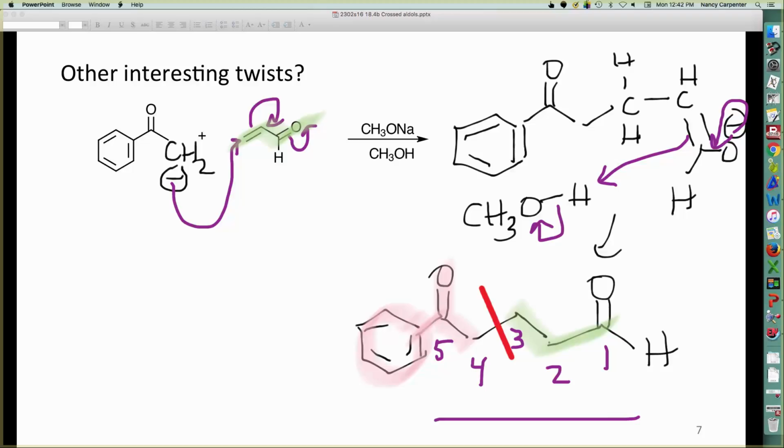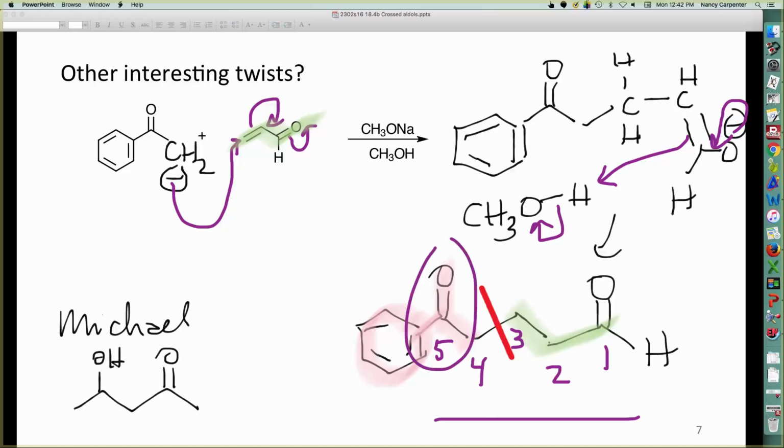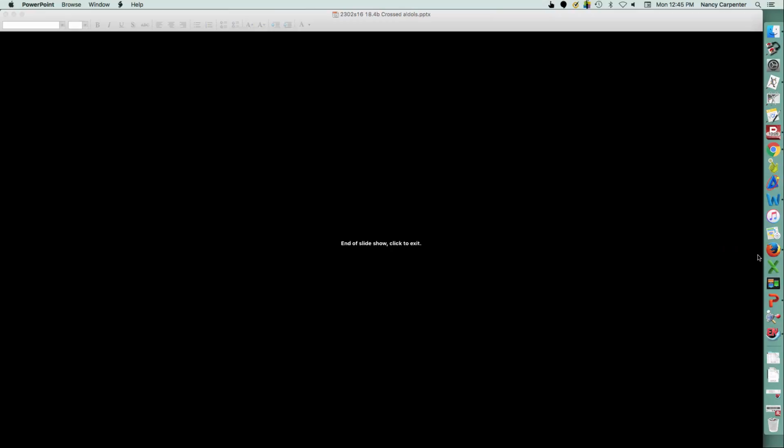And to be perfectly honest with you, a Michael reaction really does legitimately mean addition of an enolate. So aldols give you that bell and whistle of a 1,3 alcohol and carbonyl. A Michael gives you the 1,5 relationship of the two carbonyls. Whew, that's a lot. That's a lot of interesting twists. Just think mechanism and you will be A-OK.